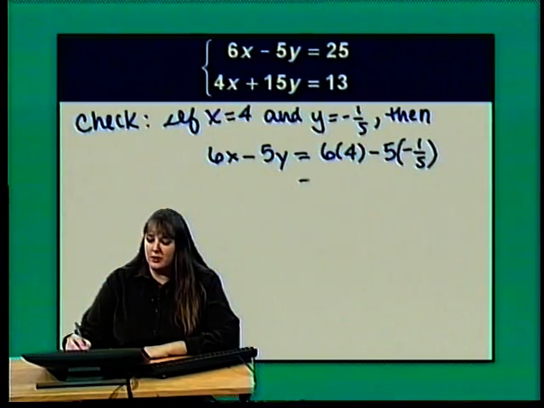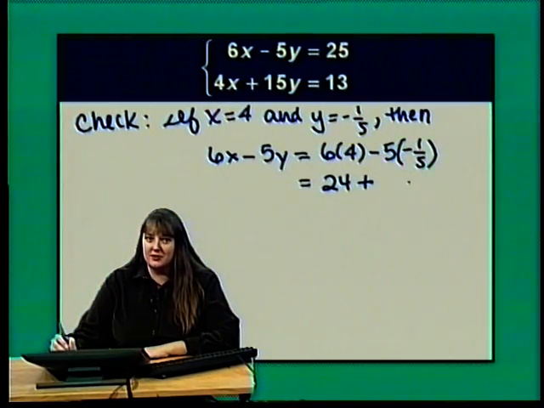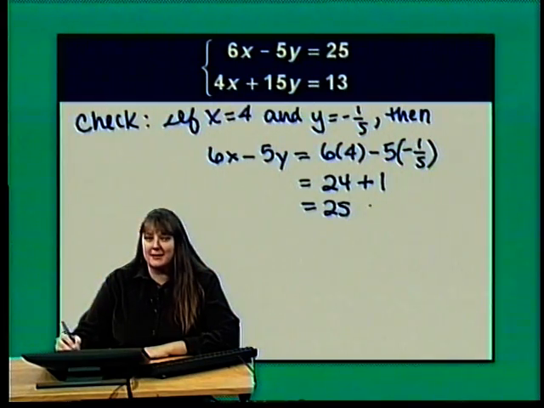So that's 24. And we have negative 5 times negative 1/5, so that's going to be plus 5 and 1/5 are multiplicative inverses. When I multiply those together, I get 1. And 24 and 1 is 25. That's what I wanted, 6x minus 5y to equal 25.